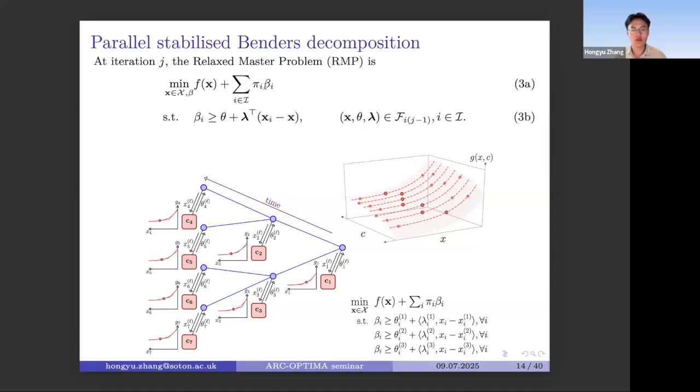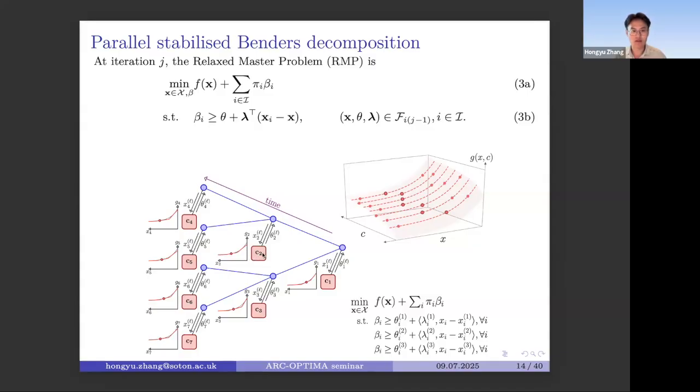And then for the operational part, you replace g of x_i, c_i with an auxiliary variable beta_i, and then you build cutting planes to approximate g. Again, the red square here includes all the operational periods in that node.